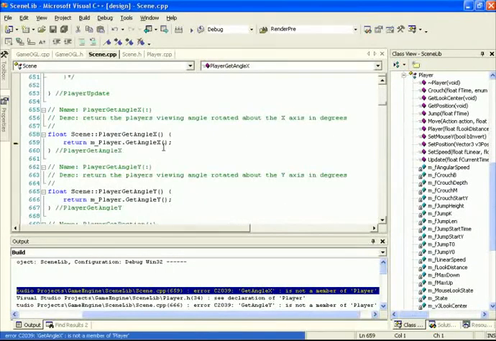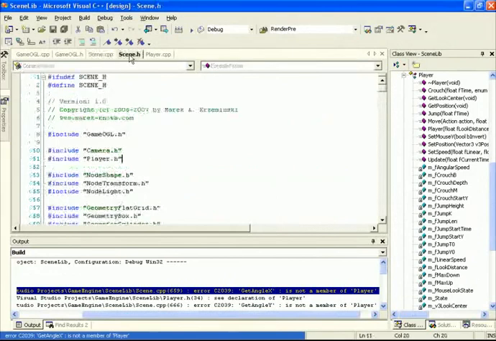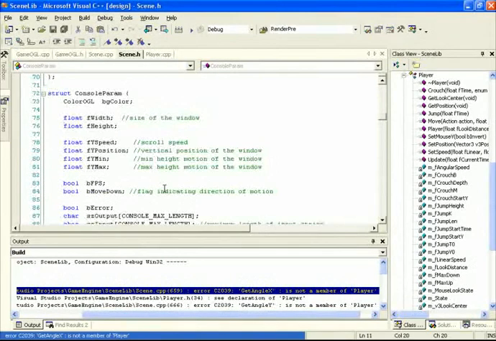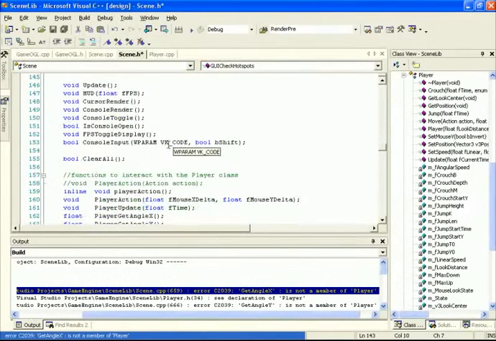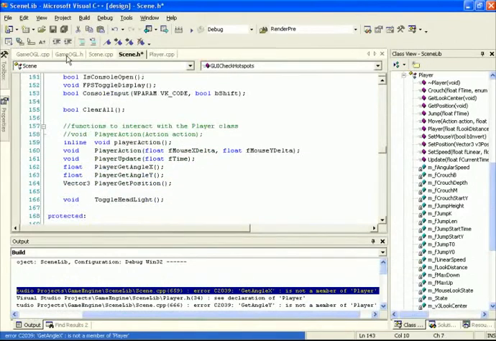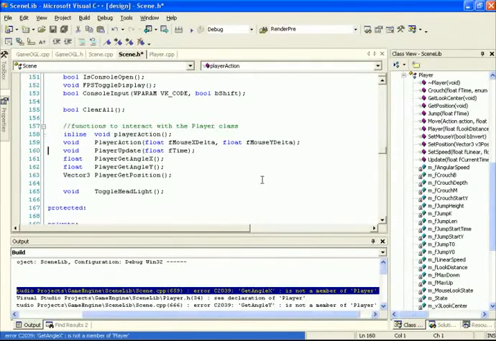Oh yes, because we've restructured the methodology of the camera and the player, we now no longer need a bunch of the functions that we had written in here, because we're no longer going to be updating our player from our game OpenGL class. Instead, we're going to be doing it directly from within our scene. So inside here, we can go and delete all these extra functions that we no longer need.